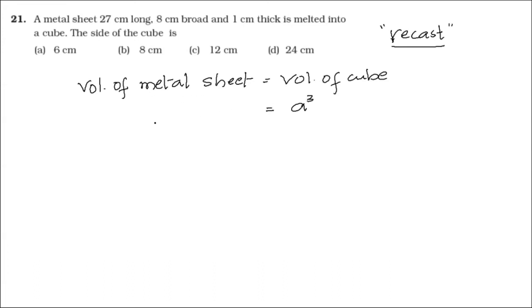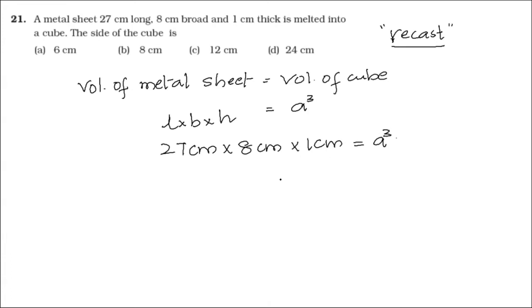Volume of the metal sheet is length into breadth into height, because it is a cuboidal shape. They have given 27 centimeter long, 8 centimeter broad and 1 centimeter thick. This will be equal to a cube.